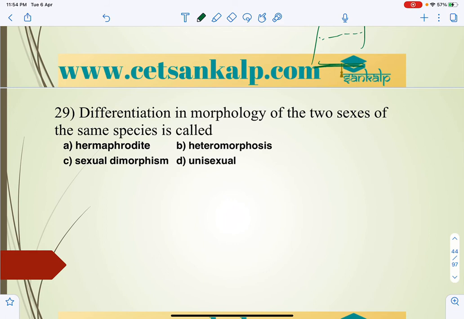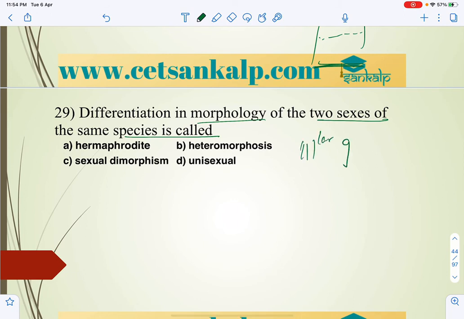Differentiation in morphology of the two sexes of the same species is called what? Generally, this is where variation will be there. In gametogenesis, sometimes similar gametes will be produced.